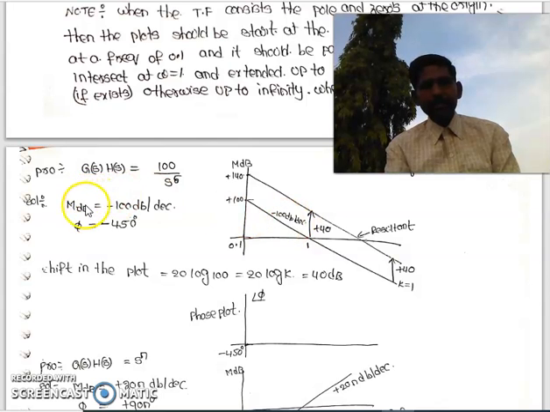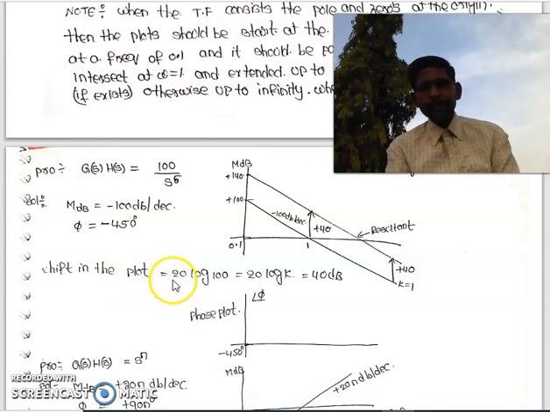The magnitude slope is minus 100 dB per decade. The angle, for each pole, will be minus 90 degrees. Since 5 poles are there, it is minus 450 degrees.